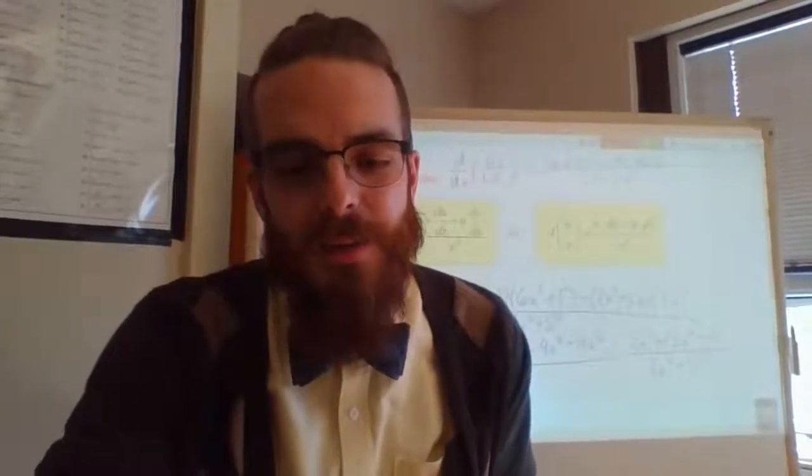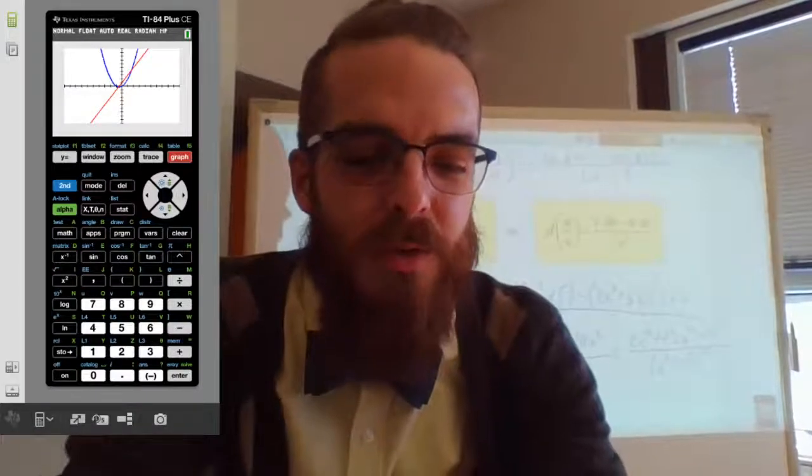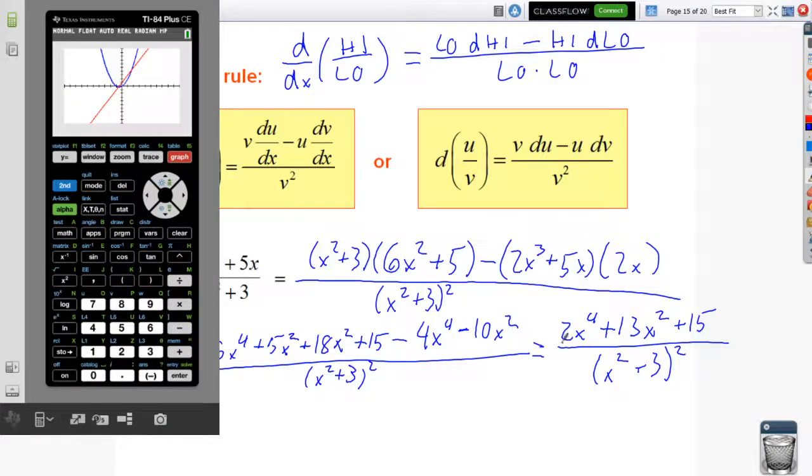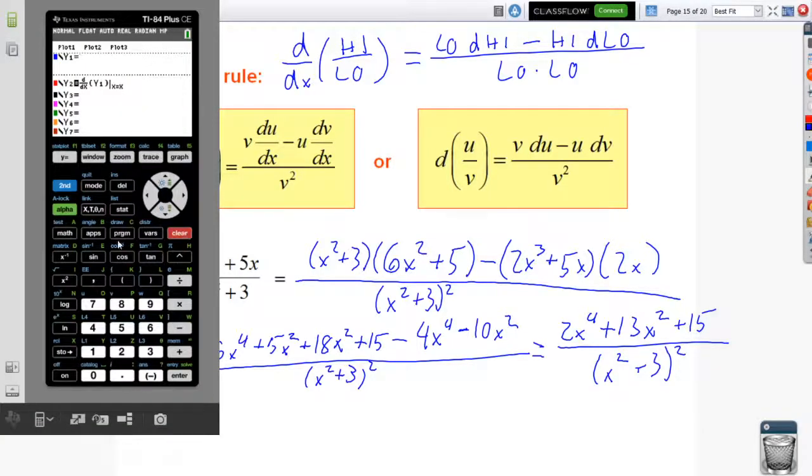Now, because we like to make sure that we are right on these problems, you might want to use your graphing calculator just to check it. What's really cool here is we already have our checker set up in our calculator. Having this allows us to, in the first line, put the original function. So the original function was 2x cubed plus 5x over x squared plus 3.